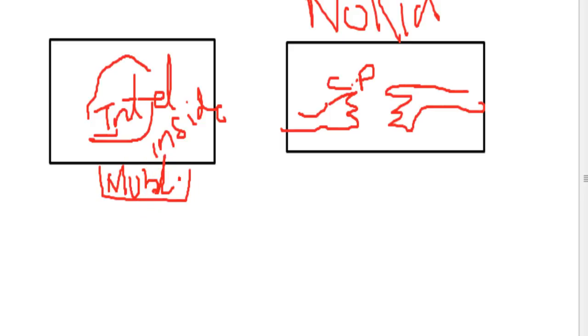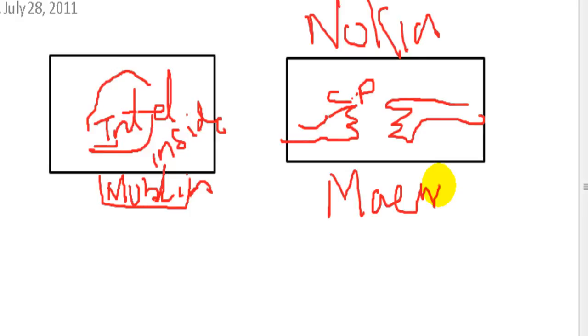They were trying to make a Linux based operating system for mobile phones. And Nokia was also working on a project called Maemo. If the pronunciation is right, I don't know. It's called Maemo.